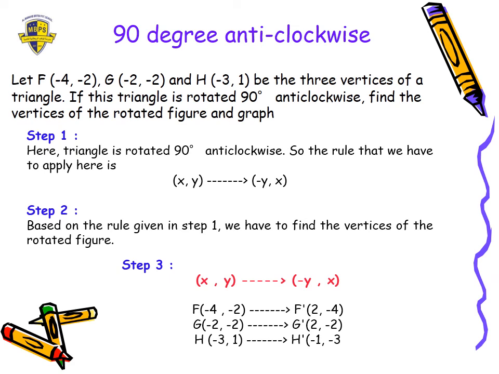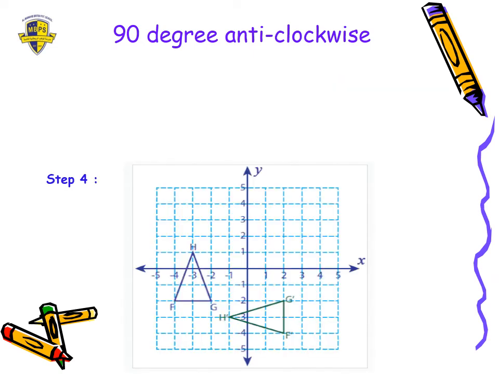G, it's minus 2 minus 2. Change the places, minus 2 minus 2, same. And now change the sign of Y, this gives us 2 and minus 2. H, we do the same. And after that we plot the new dots and we draw our rotated triangle. This is the green one.